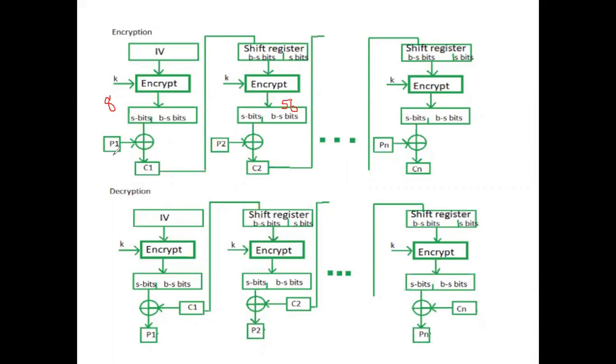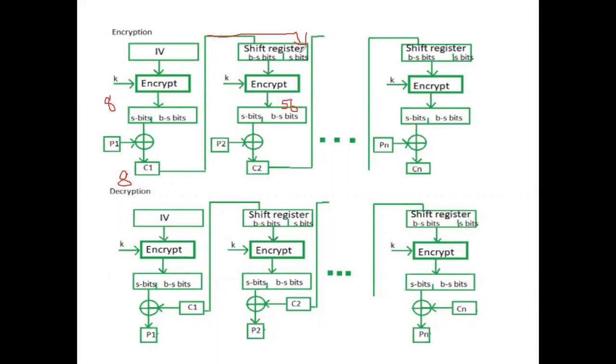Now the P1 size is also 8 bits, so you perform XOR with both. You get an output that is called the ciphertext C1 here. Is it clear? Then in the next round, you give this C1, which is of size 8 bits, to the shift register's S bits.